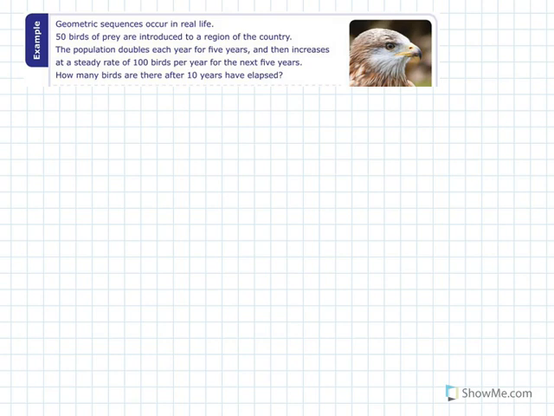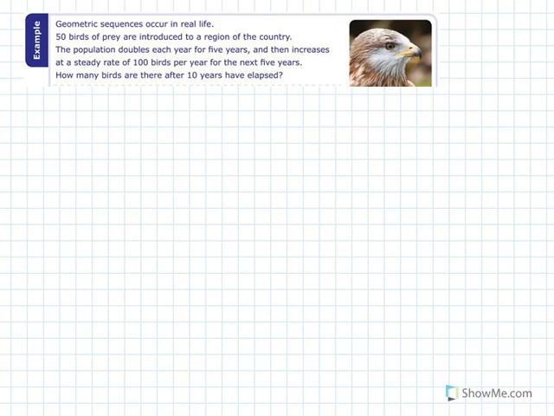But this is quite a good one, the one about the birds of prey here. If you introduce a population into a region, they might, if they take off really well, sorry for the pun, their population will probably increase quite quickly in the first few years.